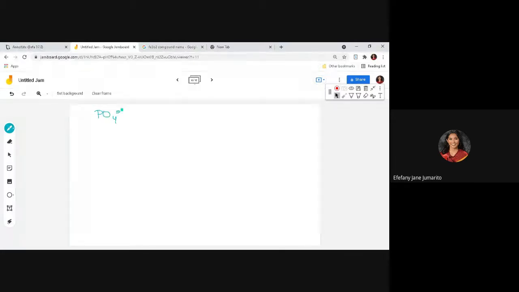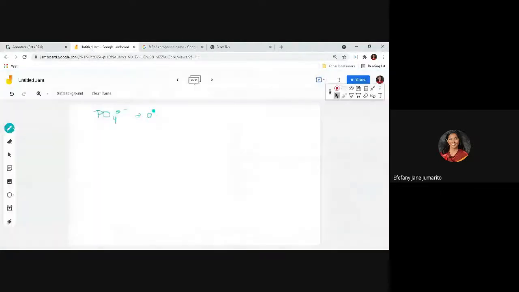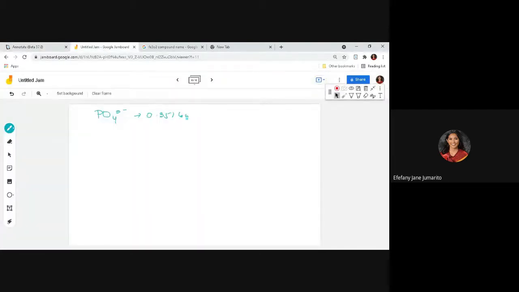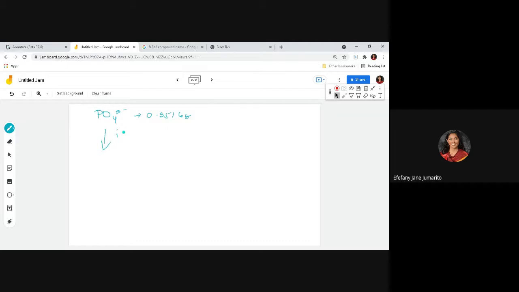It has PO4 3 minus. How much is it? 0.35616 grams. After that, it was ignited, and then you have the residue.